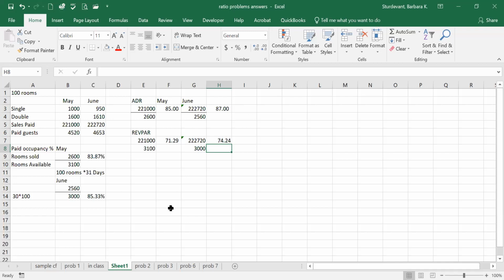Number 20. Okay, so number 20, scratch off 9 and 10. And then add inventory turnover and solvency.